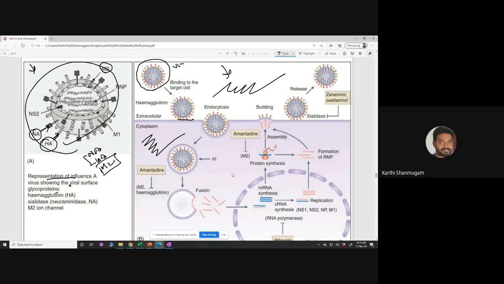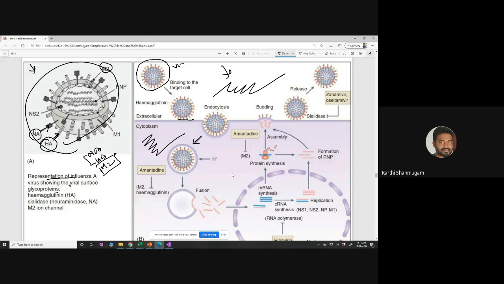In this case, the virus particle undergoes a physical phenomenon called endocytosis. I hope you study the details of endocytosis in your molecular cell biology. With the help of endocytosis, the entire virus particle has now entered the host cell.